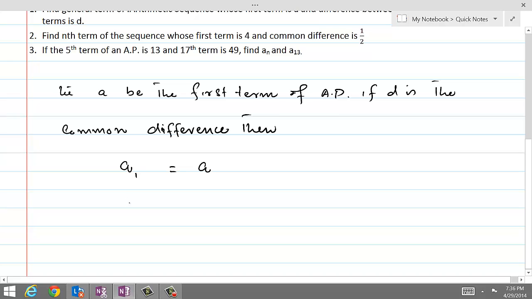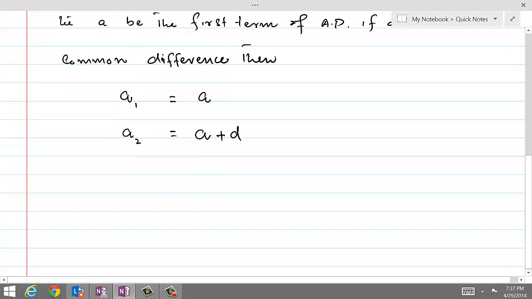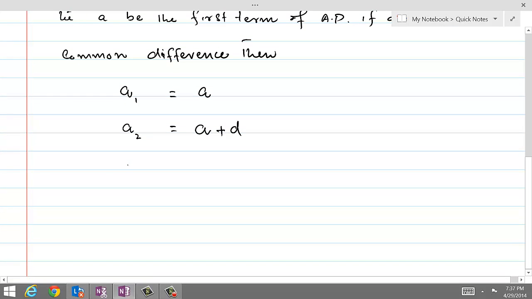Then what would be A2? A2 denotes the second term, and because we are given the difference D, if that difference is added to the first term, which is A plus D, that should give us the value for the second term. Similarly, if we want to find A3, we should again add the difference D to the previous term, which is the second term.